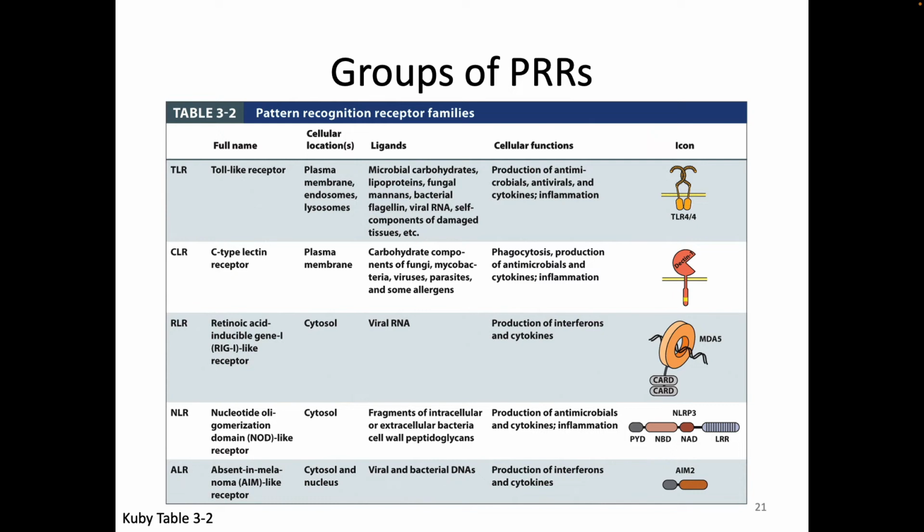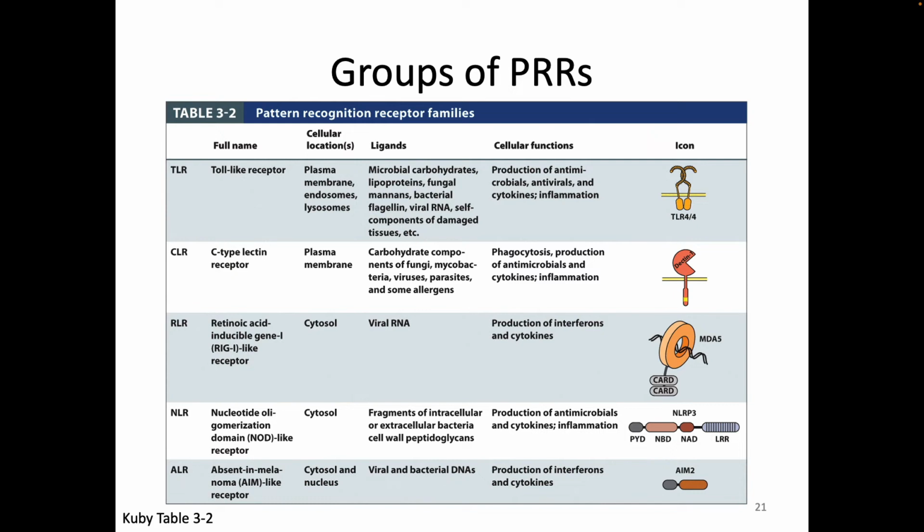So once we learned that these could be in the nucleus, we realized that every single part of the cell was being checked for microbes. So that was pretty cool. It was like the last place that microbes could hide. No, they can't. There's a receptor there. And they tend to bind to DNA, which is, of course, a nucleic acid.